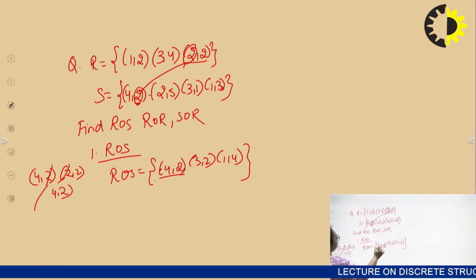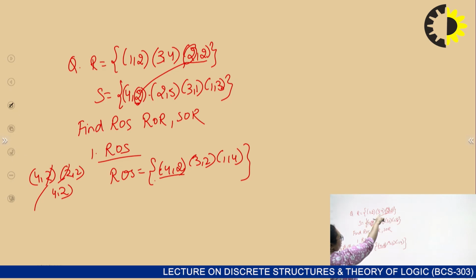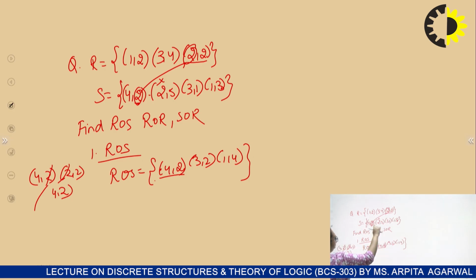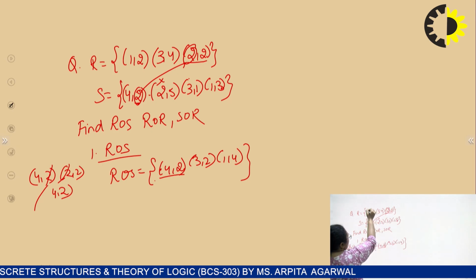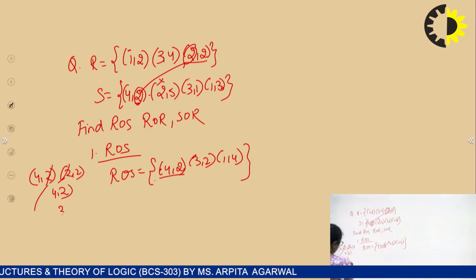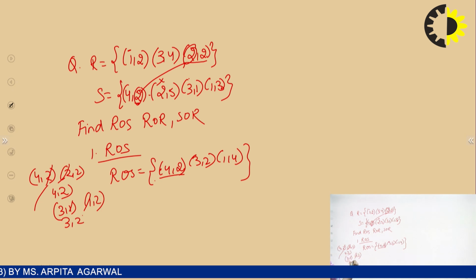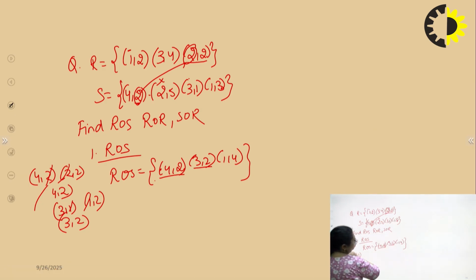Now next we will look at (2, 5). Is there anything starting from 5? No. No relation is starting with 5. So we will leave this. Now we have (3, 1). Is any relation starting with 1 in R? Yes. Cancel 1. Relation will be (3, 2). Now next relation is (1, 3).